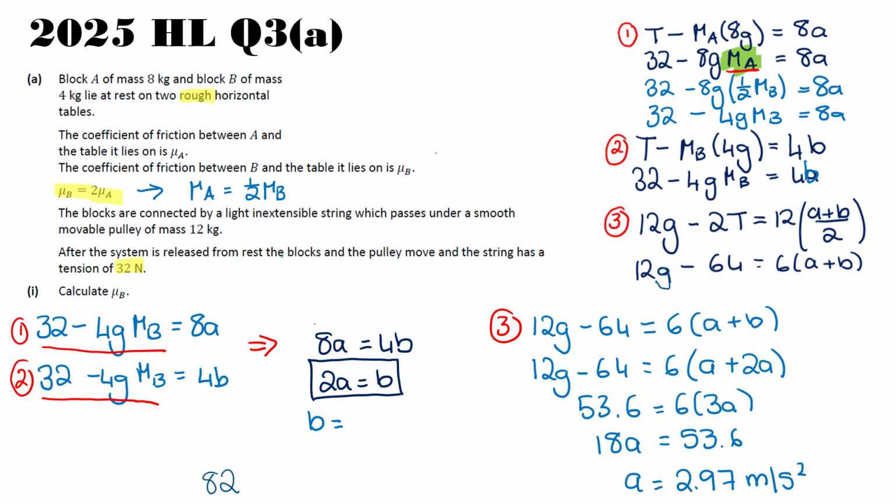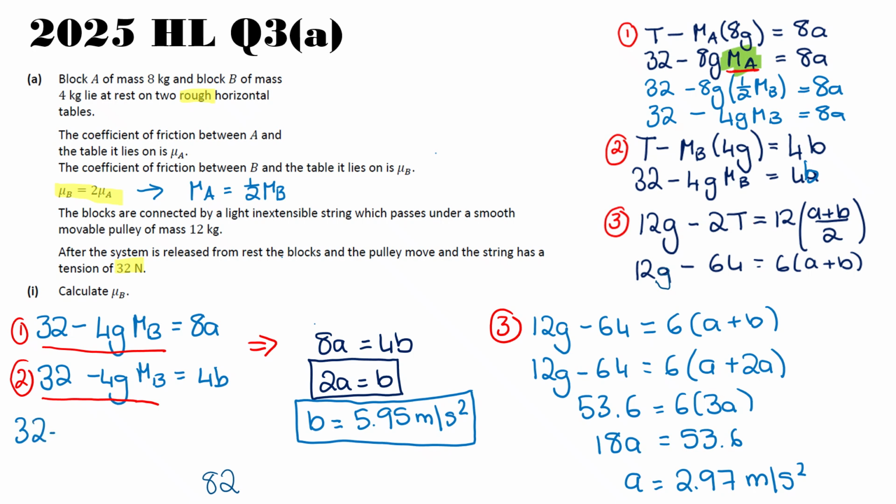B is then going to be 2 times that. So if we just double that number, we get 5.95 meters per second squared. We're still not quite there. We now need to go back and get mu b. Doesn't matter if we work with equation 2 or equation 1, because they're going to give us pretty much the same thing. So let's work with 2 because it's here.